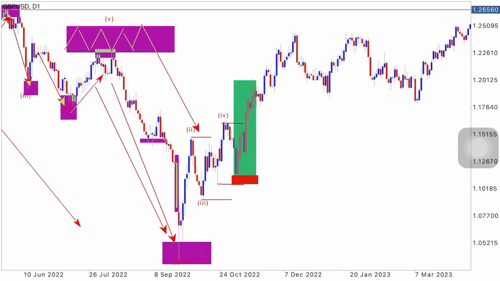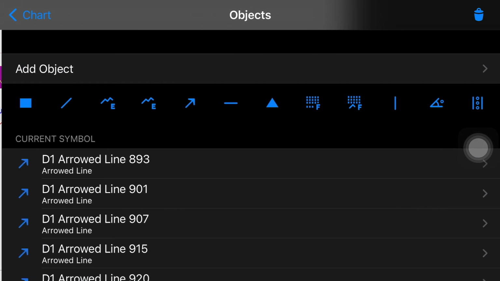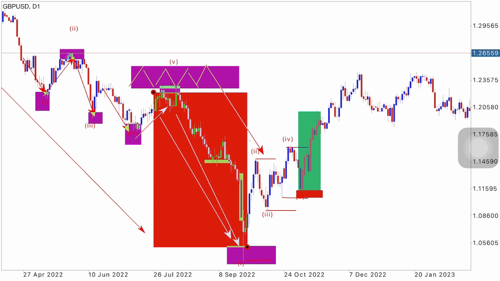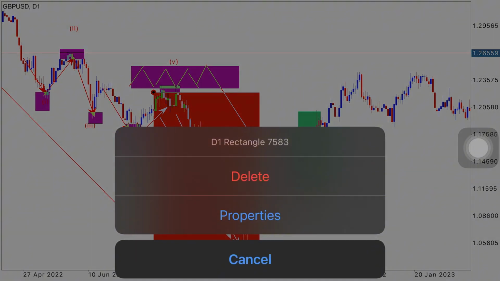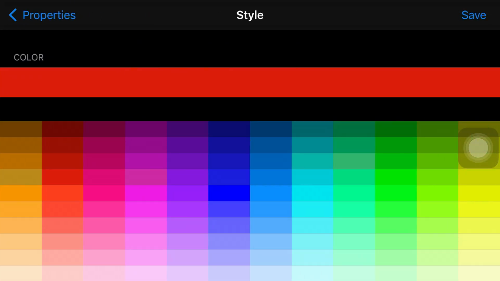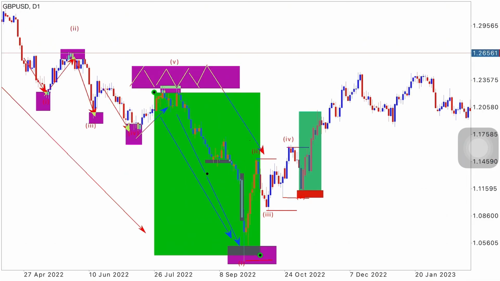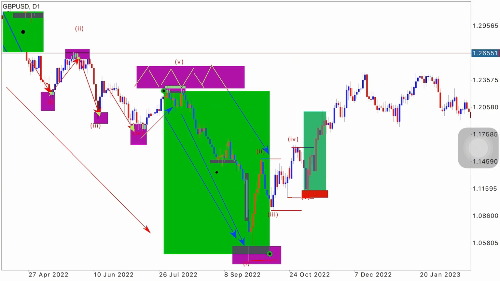So my trade would have been in this type of formation, including this one here. You would have been in this type of formation from that point there to this point. Let me just highlight it. Okay, so it would have been like this. My trade from here to the side.